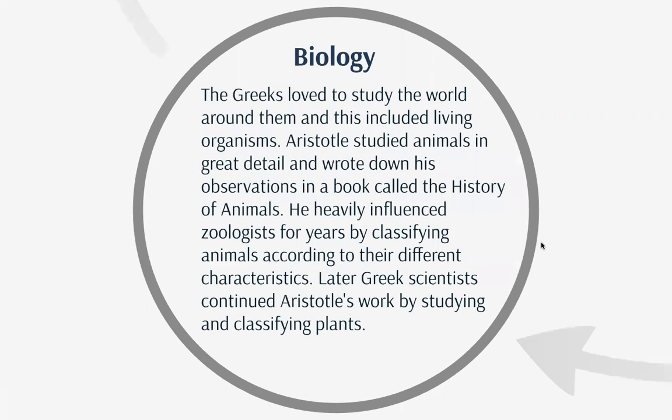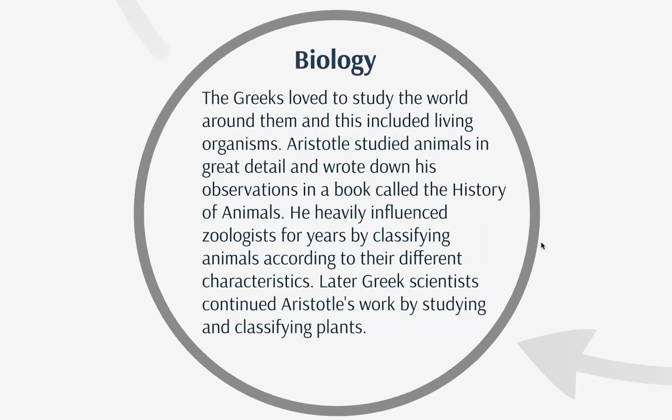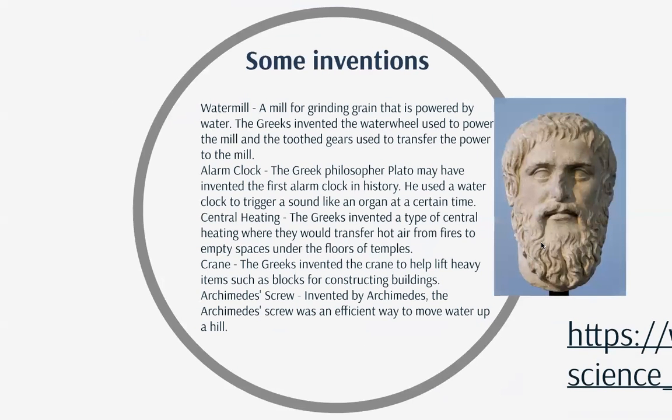They also studied the world around them, so the early study of biology and zoology, classifying plants, classifying animals and things like that. They tried to look at the relations between those. And of course, there were some inventions that still come around now. Think of the early water mill for grinding grain.